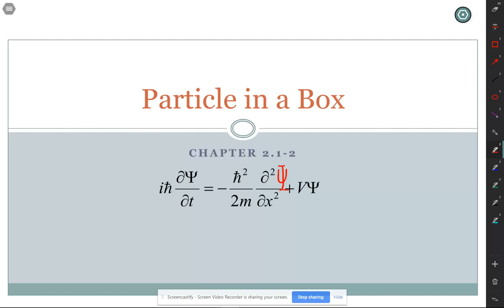And the first thing I want to do is to get down to one variable. And you might say, but that's impossible. And it might be impossible except for the special case, which is almost always the case. It's always the case for our class: if V is a function only of x.